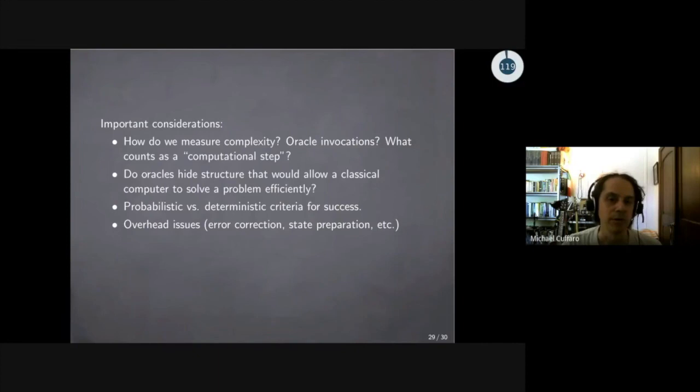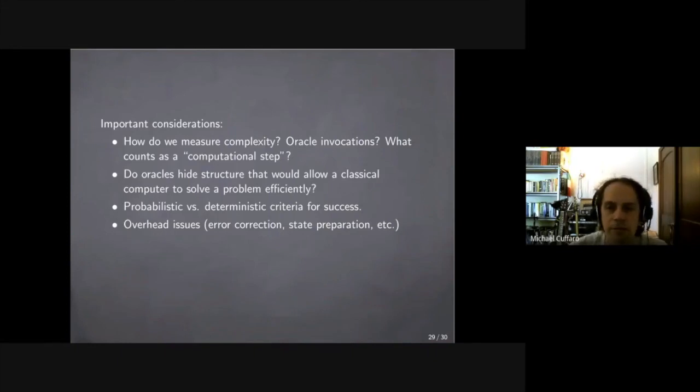Now, some important considerations for answering these questions are the following. On the one hand, how do we measure complexity? Are oracle invocations good enough for those purposes? I've argued that those are useful. They're not necessarily going to give us the answer to the question of why quantum computing is faster than classical computing.